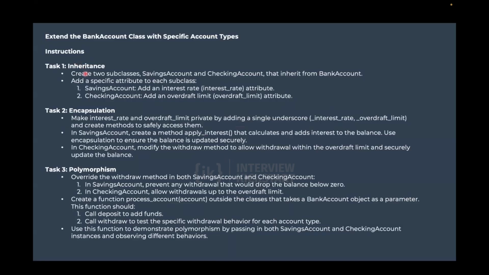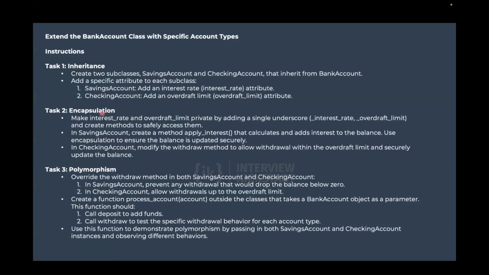So for inheritance, it's asking to create 2 subclasses, savings account and checking account, that inherit from bank account. And for each, you're asked to add a new attribute. For the savings account, add the interest rate attribute, and then for the checking account, add overdraft limit.